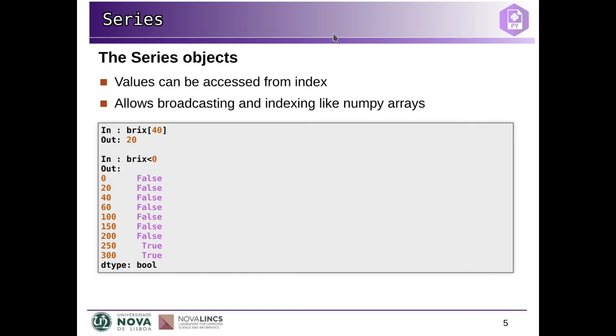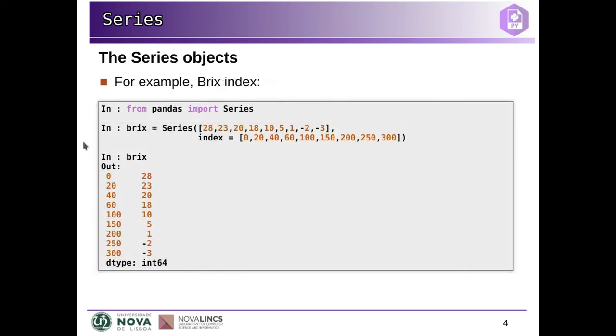Now, one thing that we can do with a Series object is to access the values from the index. So if we want to know what was the Brix value in our solution at 40 hours, we can use brix[40] and we get the 20 there that is associated with this timestamp.